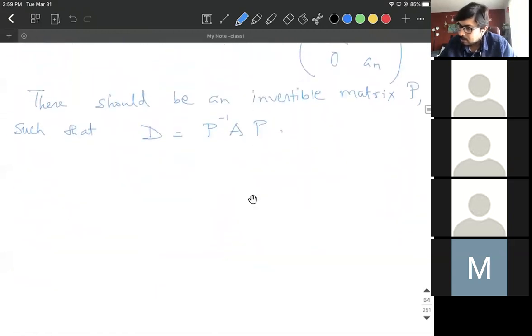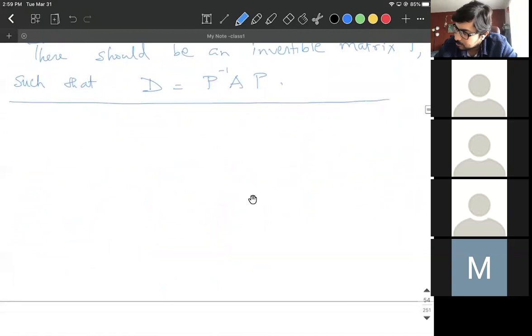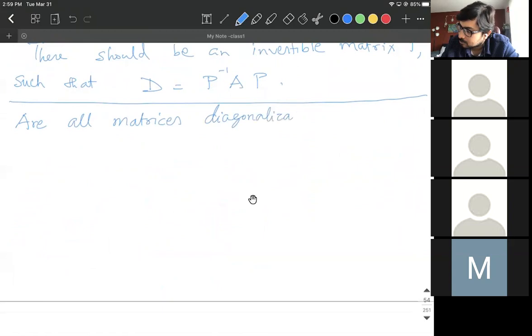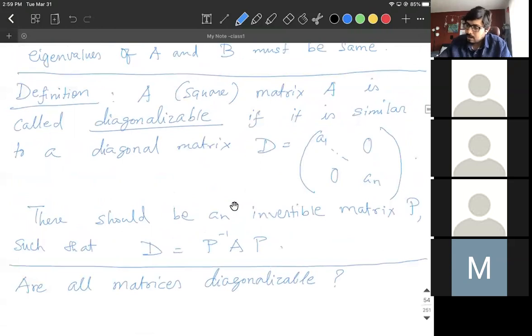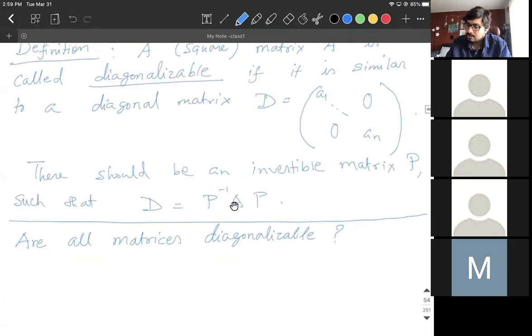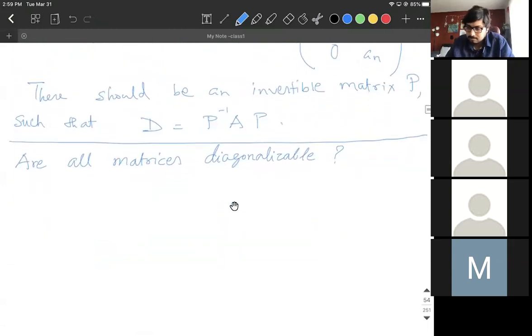Okay, so now the next inevitable question is the following. We know that not every matrix is diagonal. Of course, there are plenty of examples, but we can ask whether all matrices are diagonalizable. So whether there exists this invertible matrix P and a diagonal matrix D such that we can relate A and D through this matrix P. That's a natural question.